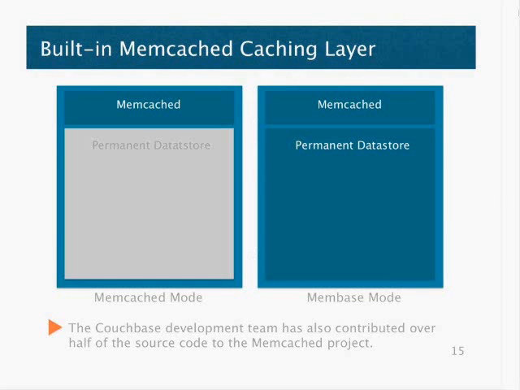What we did is we extended the in-memory caching layer with a permanent data store, so persistence of the data, so that we can have more data than fits in RAM, as well as replication to other nodes and clustering. What is key here is that we still retain in this system the in-memory caching layer, so that as a result you get extremely low latency.